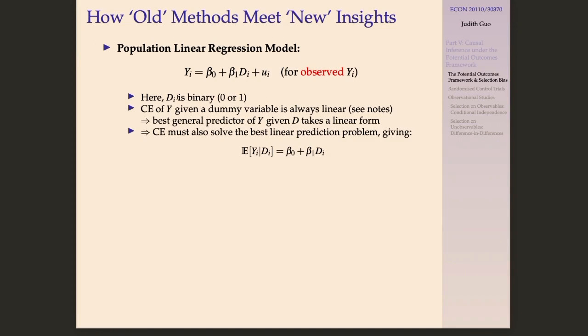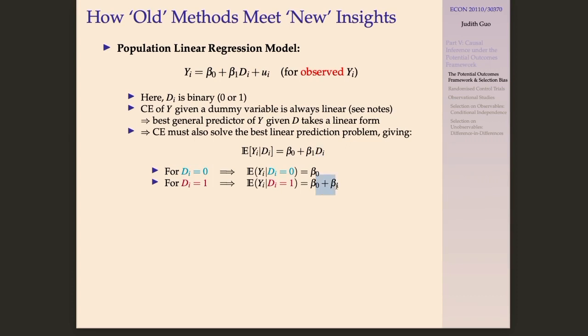Then that implies the conditional expectation of Y given D must also equal beta naught plus beta 1 times the treatment status. Then what does this imply? If you set D to 0, the second term disappears, then the conditional expectation of Y given that you're in the control group is just beta naught. Whereas if you switch D back to 1, then you just replace D with 1. So the conditional expectation of the observed outcome, conditioning on being in the treatment group, is simply the sum of the two constants.